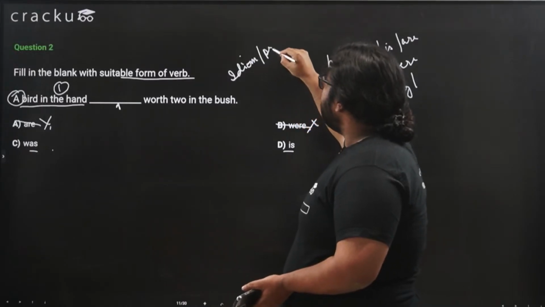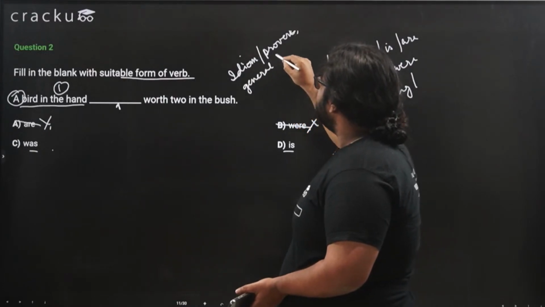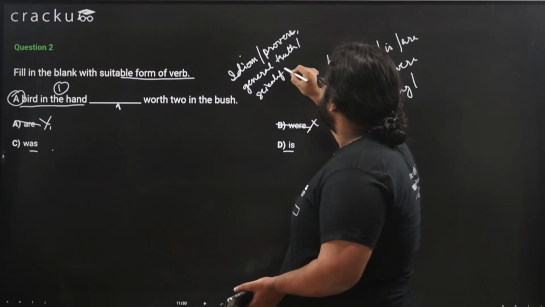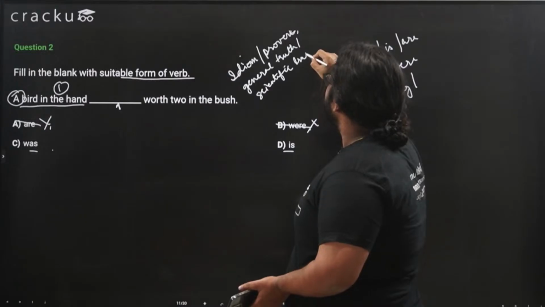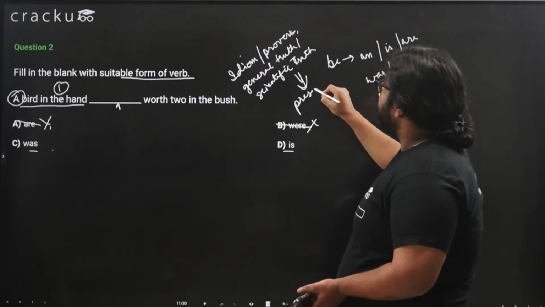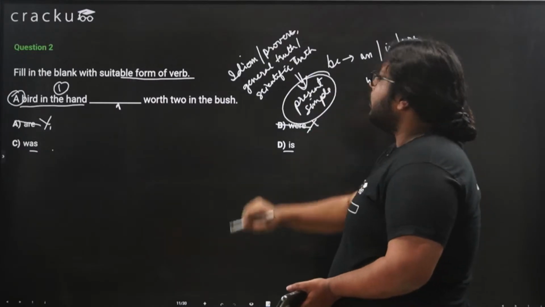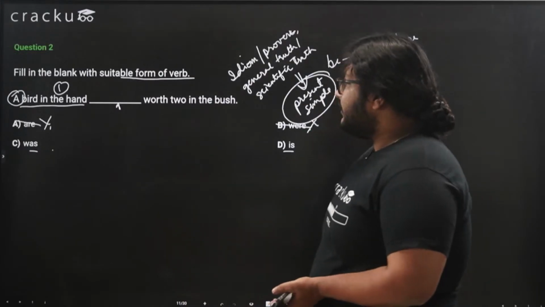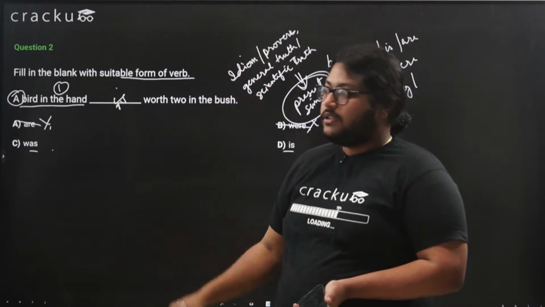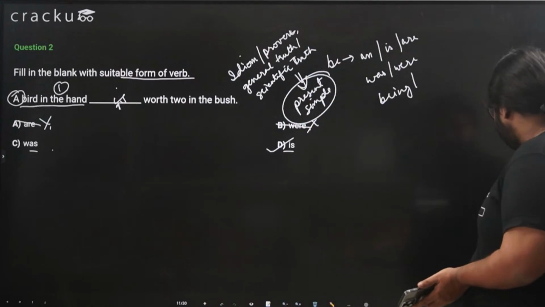So idioms, proverbs, general truths, scientific truth, all of these will always take a present simple. Always, in all cases. So what we should be having is, a bird in hand is worth two in the bush. So option D should be the correct choice here. Let's move to the next question.